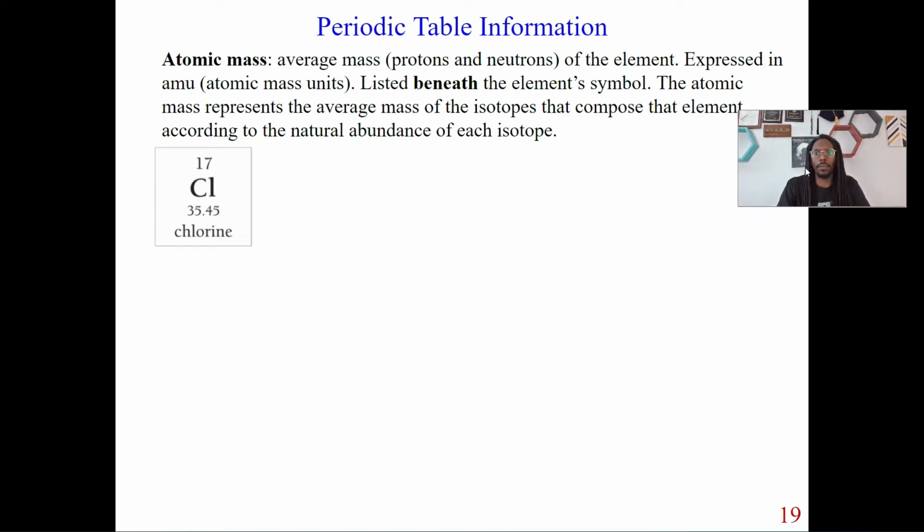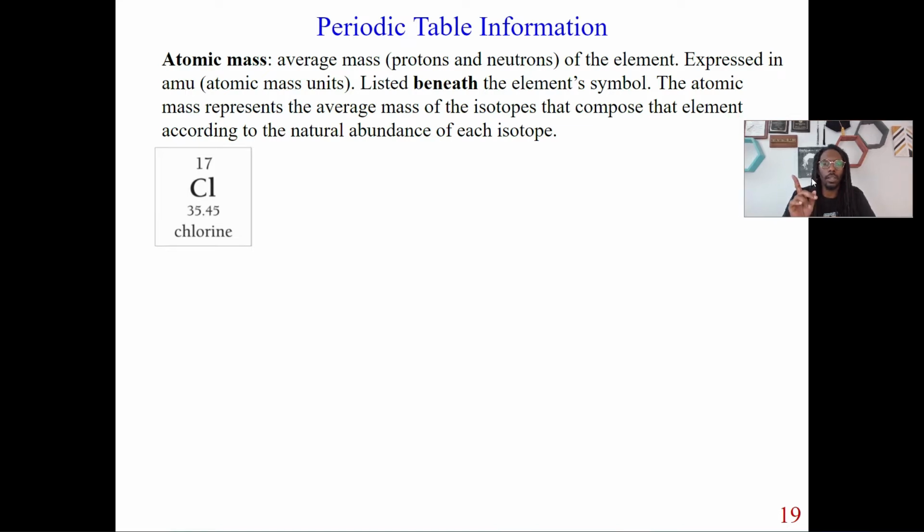Okay. Now, one thing that we want to pay attention to though is that our atomic mass, once again, is the average mass of the element. So the atomic mass is the average mass of all of the isotopes of that element, right?